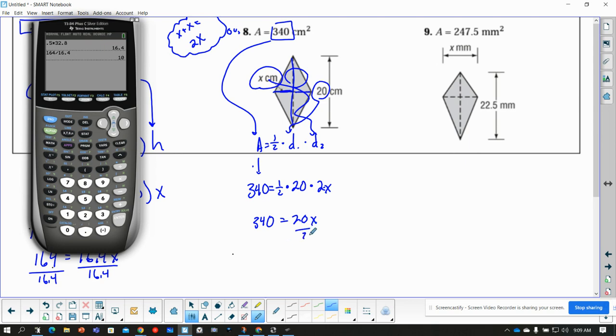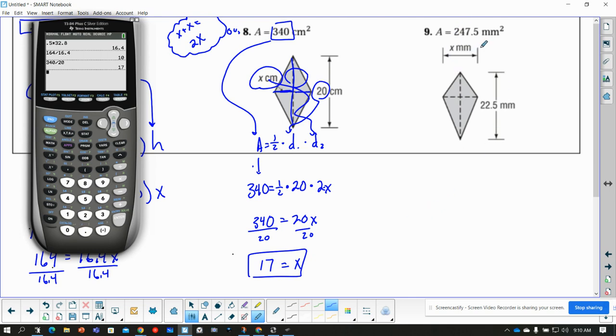Divide both sides by 20. And we get x equals, I think that's 17, but just to make sure, 340 divided by 20. Yep, 17. All right, so x equals 17 for the second one.